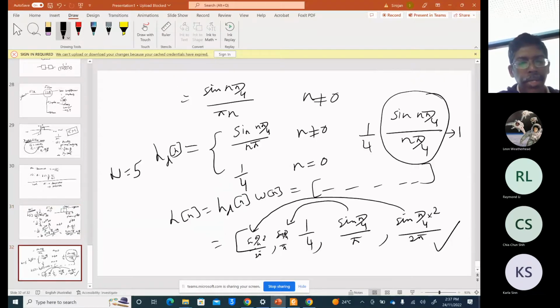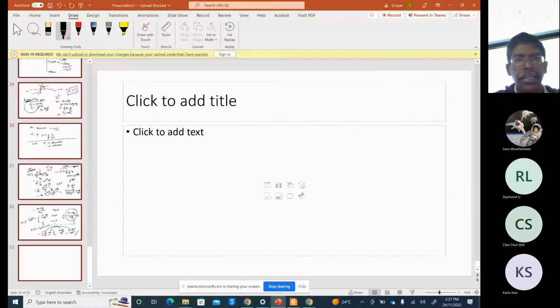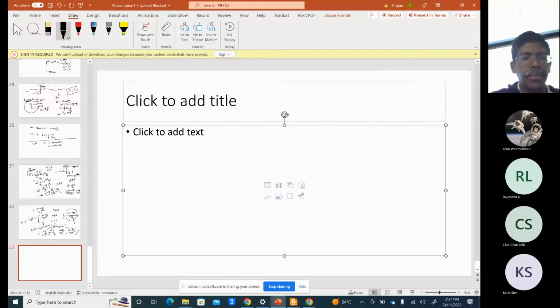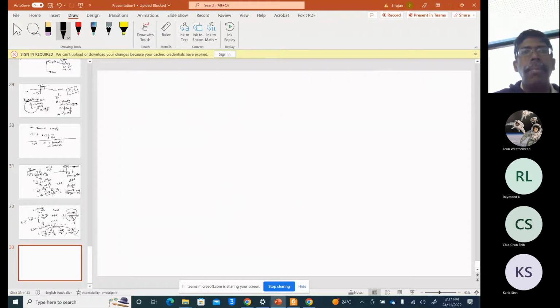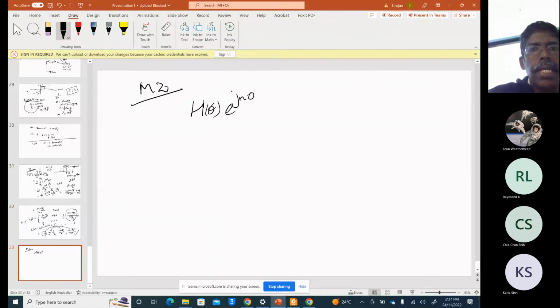You can do it another way, method 2. Method 2 is you put Hdn equals 1 over 2 pi, integral from minus pi to plus pi of H theta e to the j n theta d theta.